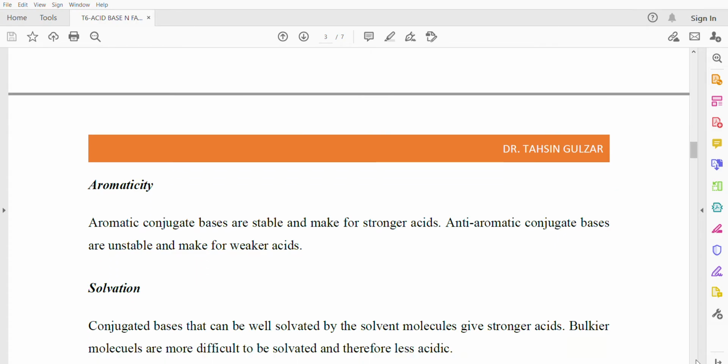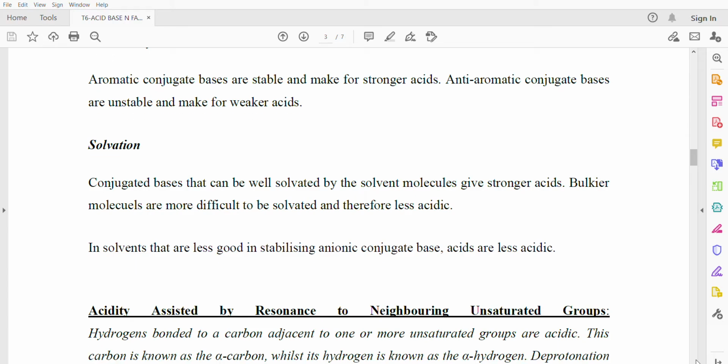And solvation: I have told you in detail about what spectator ions are, and what solvation is, and how cations are solvated by the solvent. If it is a cation, the negative terminal of the solvent will cage them, will solvate them.